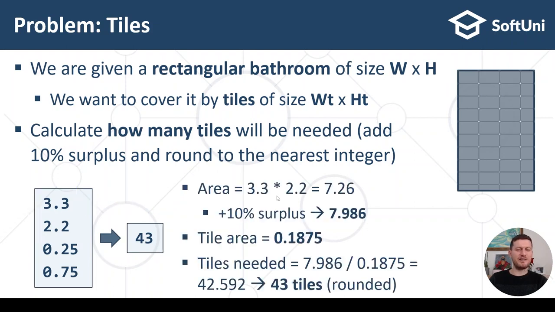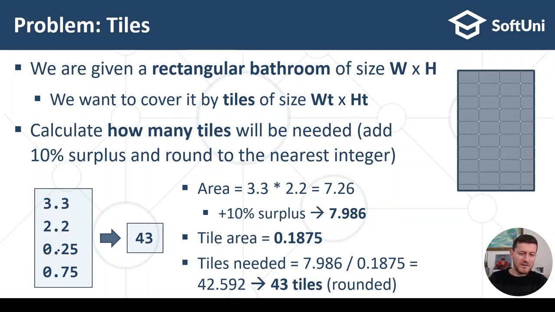So the area of the bathroom is 3.3 meters by 2.2 meters, which is 7.26. When we add 10% surplus, we'll get 7.986 square meters. Let's assume it's meters. It could be inches or foot or something else, but square meters works well.